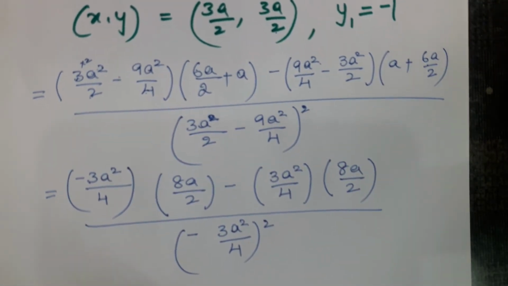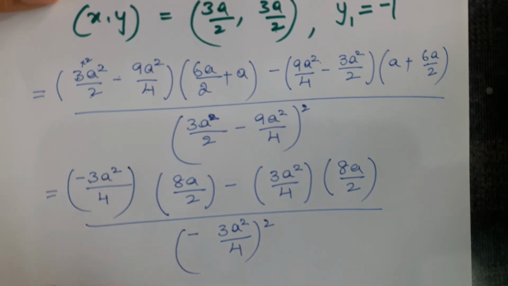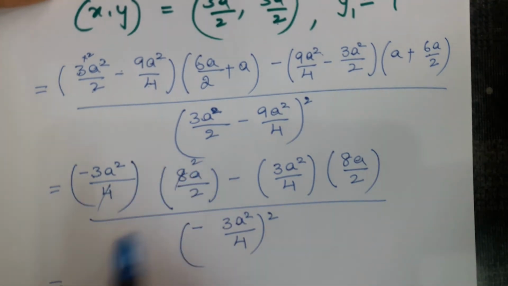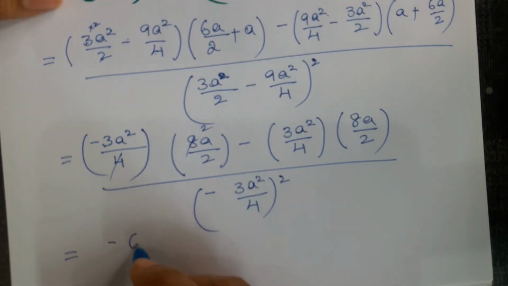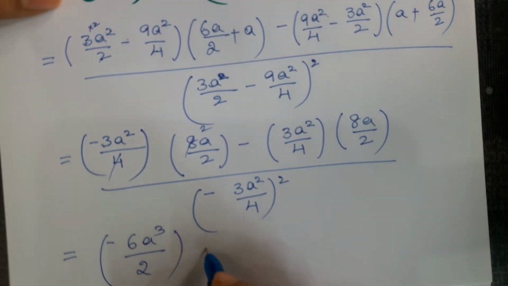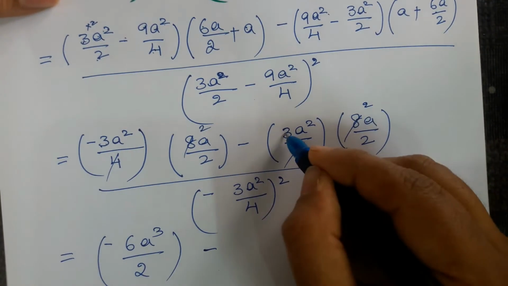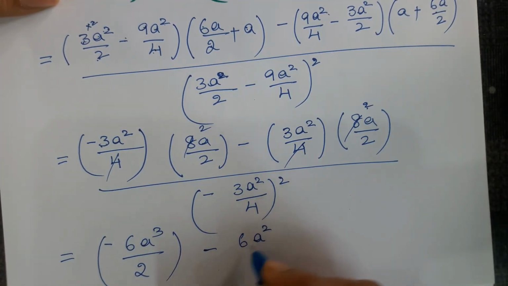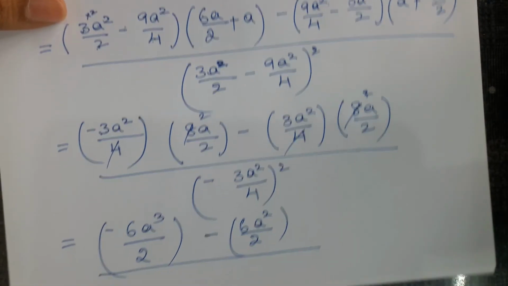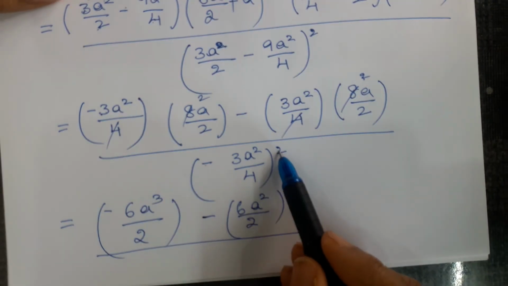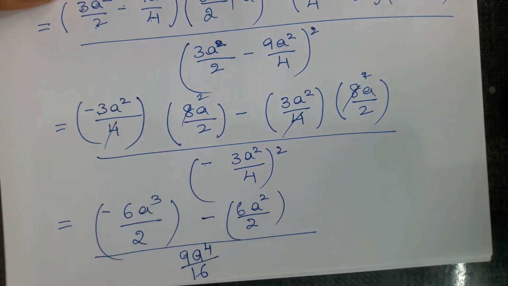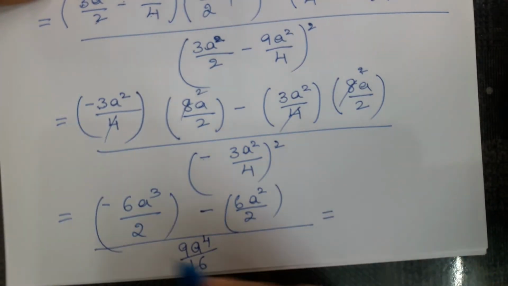Now I will simplify this. What is the simplification? 4 2s are 8, I will cancel. So 3 2s are 6, minus 6a cube divided by 2. And here 4 2s are 8, 3 2s are 6, a cube divided by 2. Whole thing divided by the denominator: minus whole square is plus, 3 square is 9, 9a to the power of 4 divided by 16 I will get.